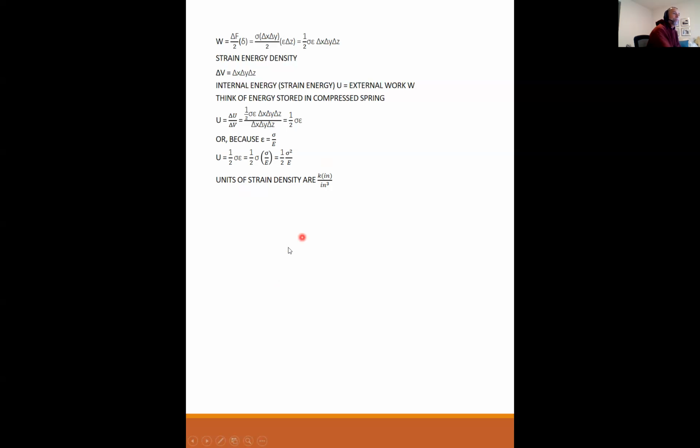The units of strain energy density are kip inch per inch cubed. And yes, I do realize that this is the same thing as KSI. I can take inches over inches cubed, and that washes out, so that'd be kips over inch squared, which is KSI.